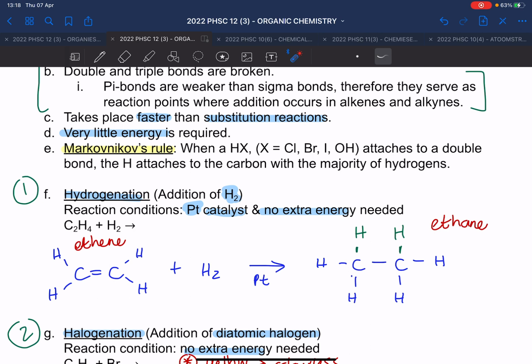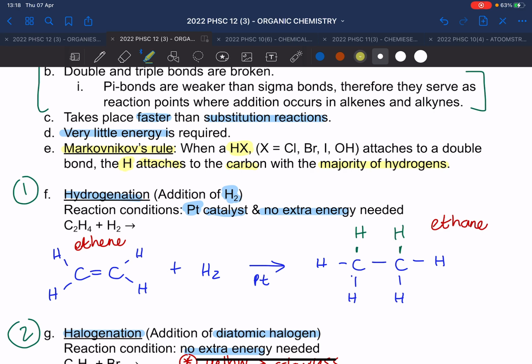His rule says that when you attach an H with something that is weird to a double bond, then the hydrogen attaches to the carbon with the majority of hydrogens, the most hydrogens. It's like you guys, when you go to an unfamiliar place, you look to see where are people that you know, and you go there, right?